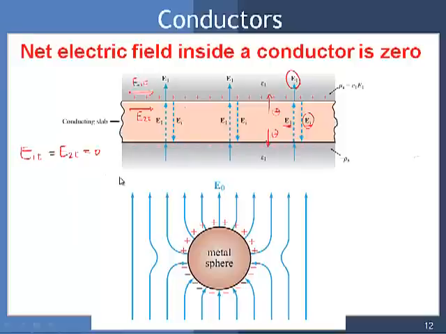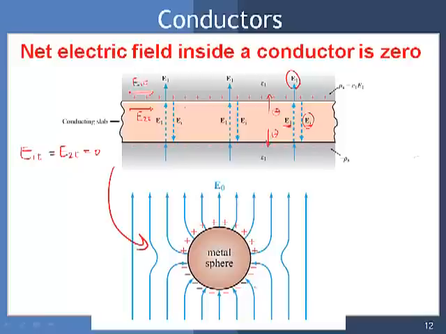This observation tells us that there cannot be any tangential electric field along the surface of a perfect conductor. In other words, all electric fields have to be perpendicular to the surface of a perfect conductor. This is illustrated by this figure where we have a metal sphere inside an electric field. In this case, we assume the metal is perfectly conducting.